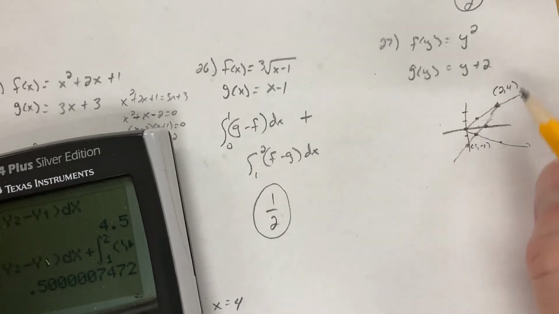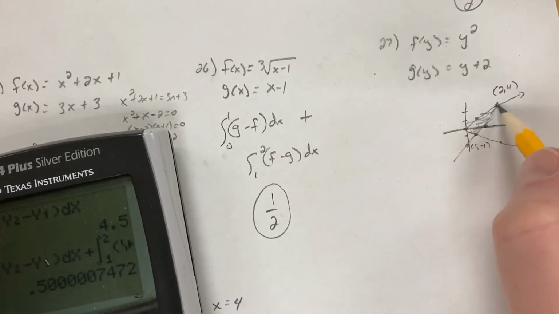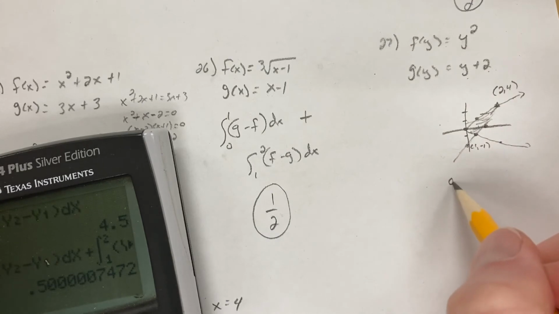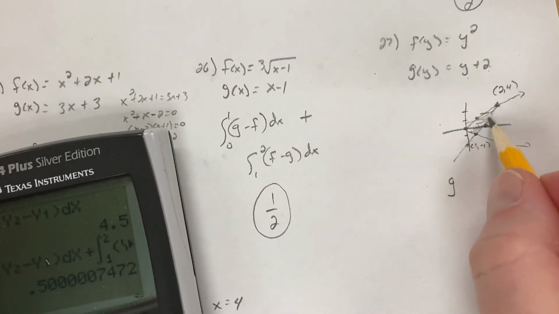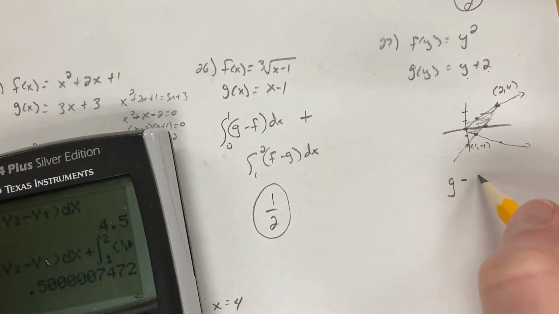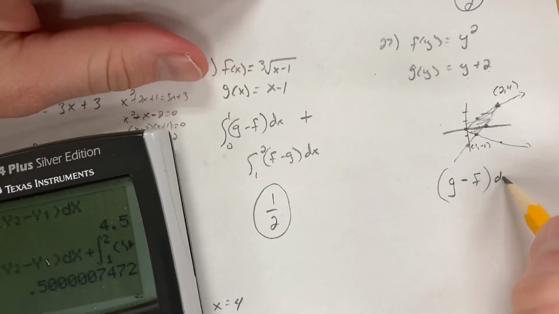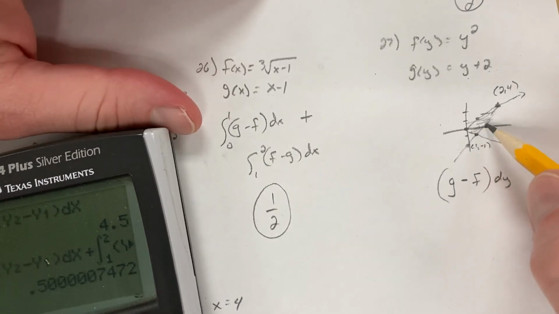So in terms of y values, if we're looking at this shaded region right here, the furthest out is the line, the y plus 2. So g is the bigger function here, and the y squared is the kind of underneath function. So we're going to do g minus f for that. dy will be our little height for those rectangles.